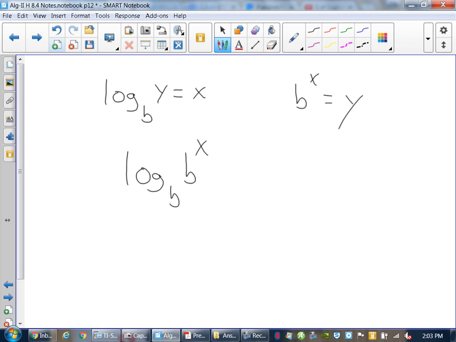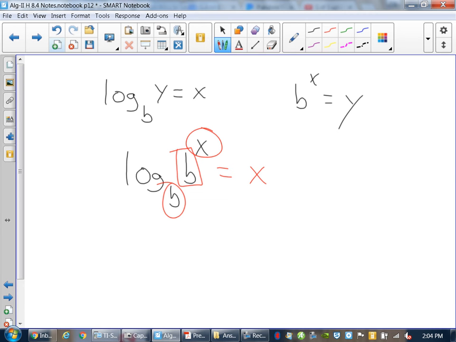All right. So what happens here is that logarithms all have a base, and exponential functions also all have a base. In this case, my logarithm has a base b, and my exponent part also has a base b. Are those two the same? When those two bases are the same, they undo one another.